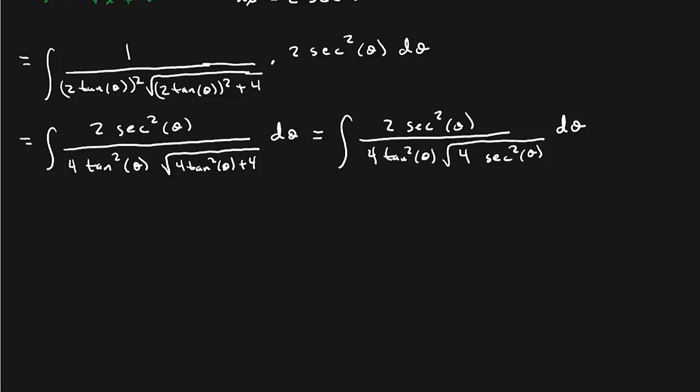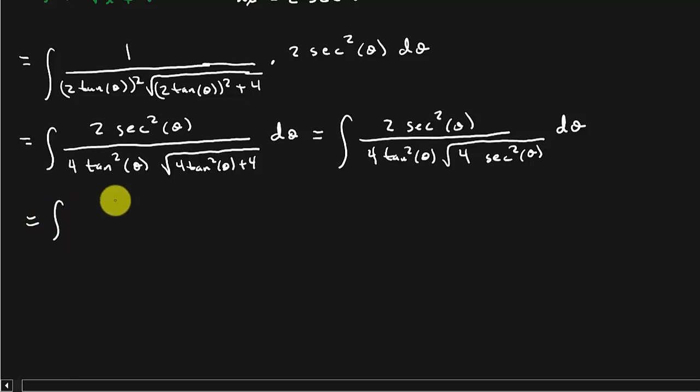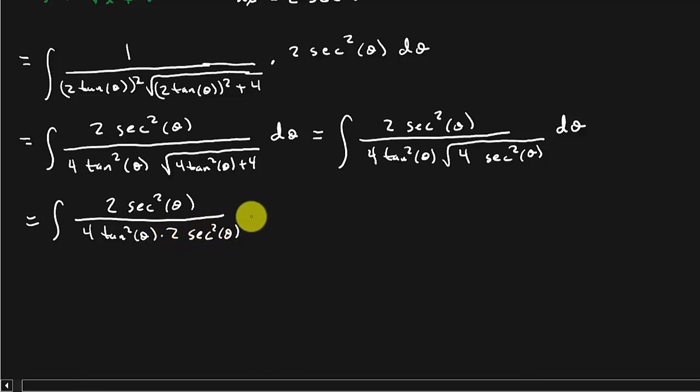So this is going to give us the integral 2 secant squared theta over 4 tangent squared theta times 2 secant theta d theta.